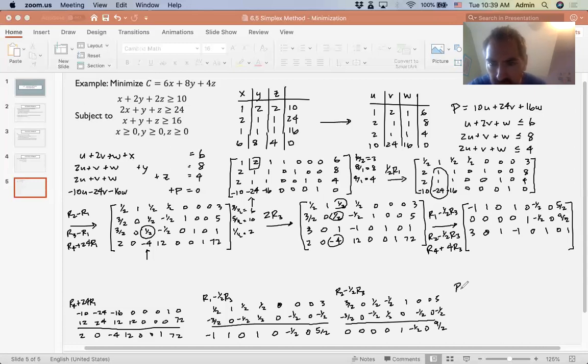And then row 4 plus 4 times row 3: 12, 0, 4, negative 4, 0, 4, 0, and 4. And we've got 14, 0, 0, 8, 0, 4, 1, 76.